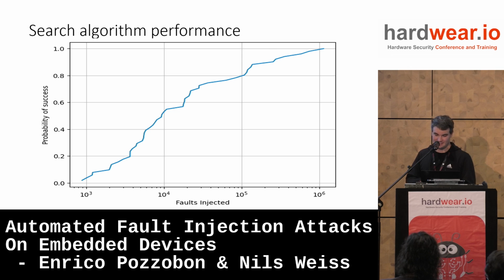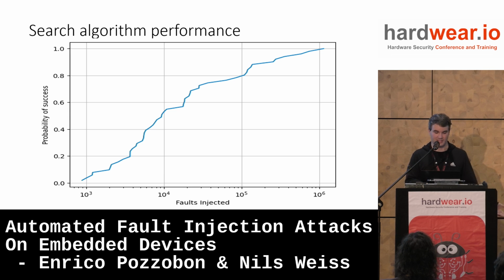From this plot you can see that it takes around 10,000 faults to start getting the success every time. This plot was made by starting the algorithm completely from scratch every time, losing all of the knowledge that it previously had. On average, it took 10,000 faults to get there.